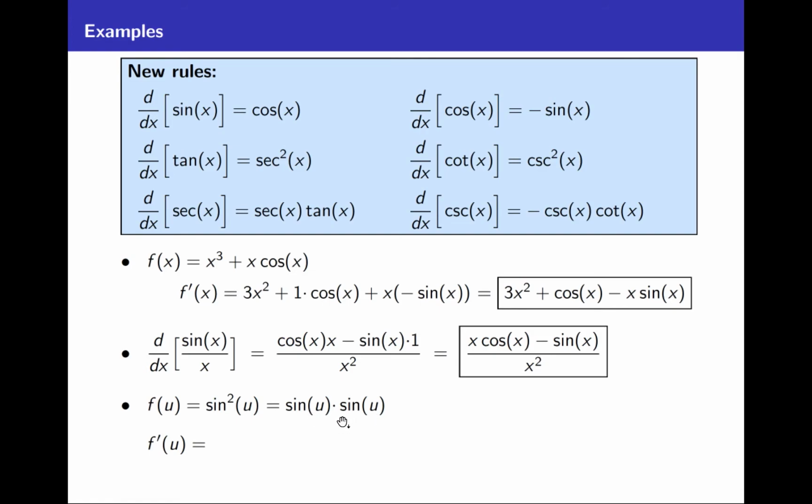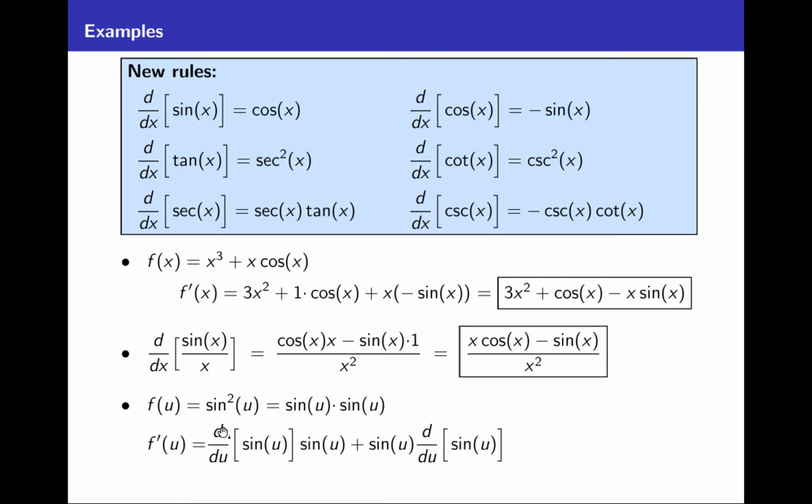So now when we take the derivative, that's the derivative of a product, so we're going to use the product rule. And the product rule says take the derivative of the first function, d du of sine of u, times the second function, sine of u, plus the other way around, the first function, sine of u, times the derivative of the second function, that's d du of sine of u.